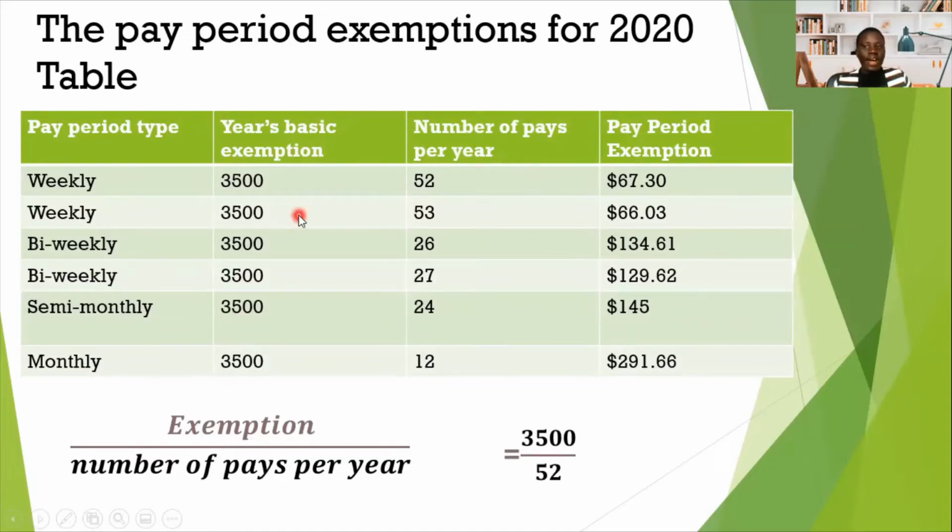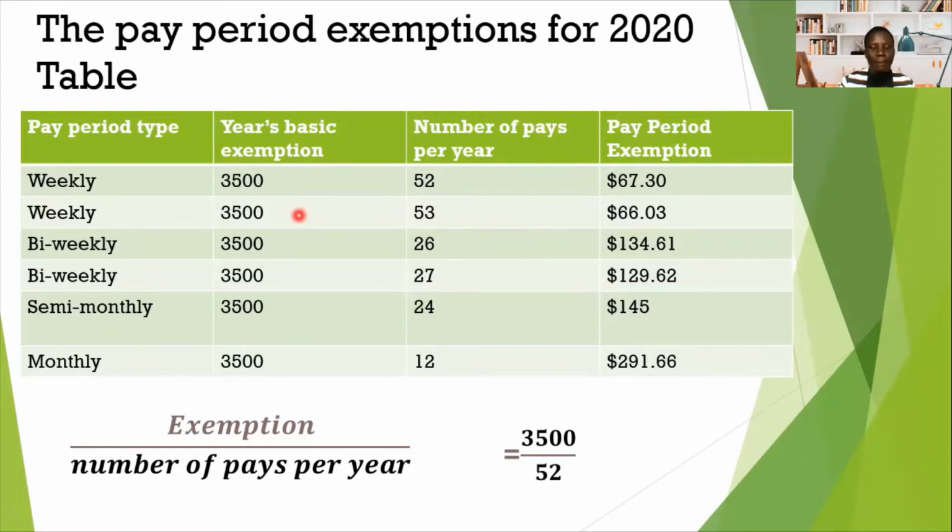Let's say you have added up all your gross pensionable income. You have your earnings, you add your taxable allowances, you add your cash taxable benefit, you add your non-cash taxable benefit.